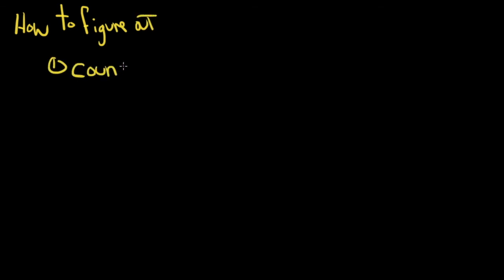There's going to be some different ways to figure out your slope. So here we go. How to figure out. The first way is the easiest way, and a lot of students always forget that.